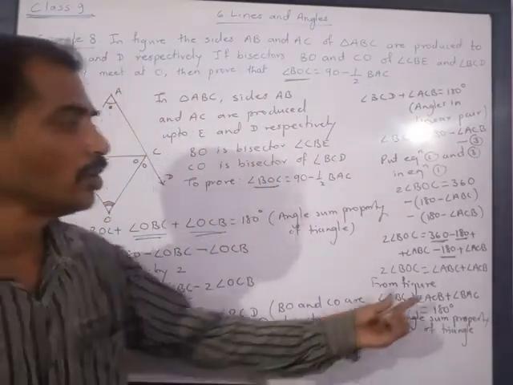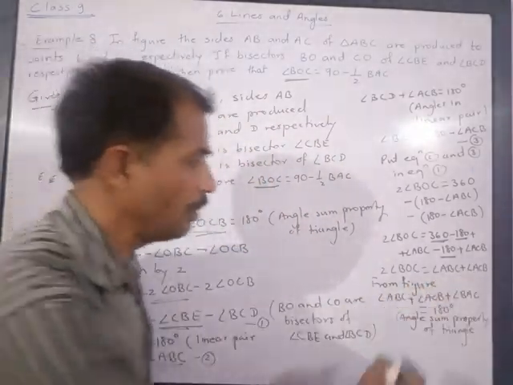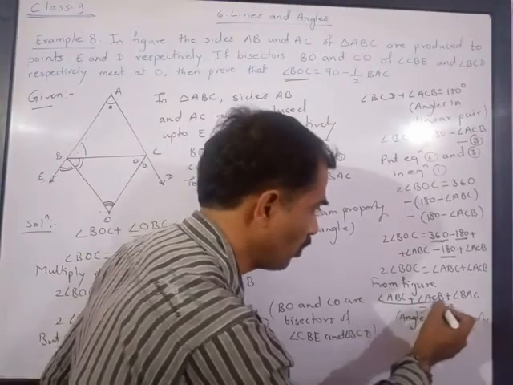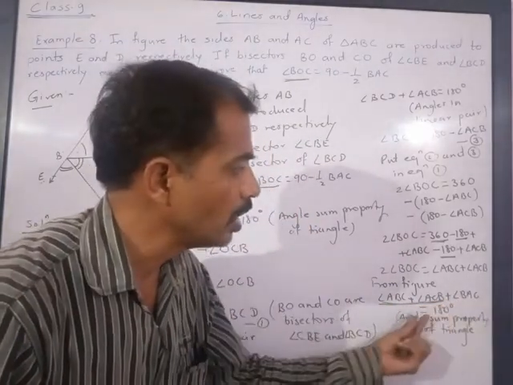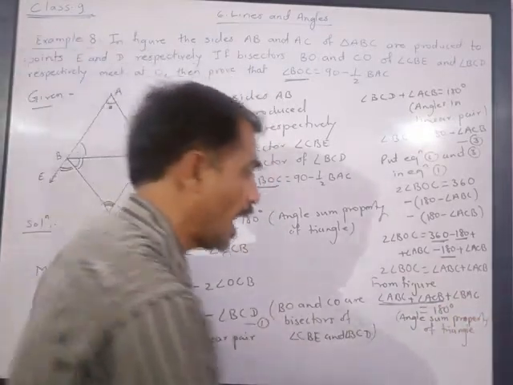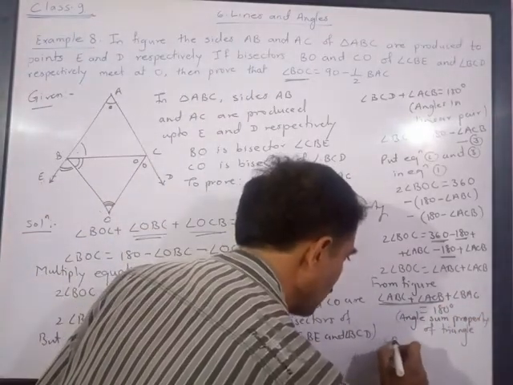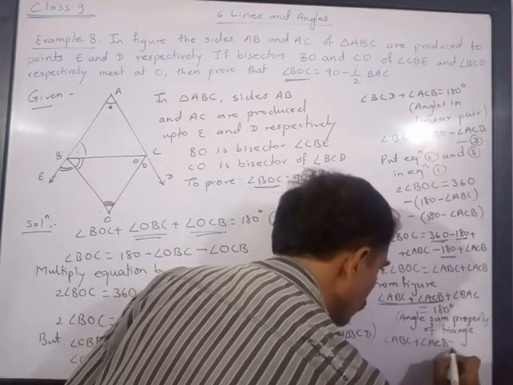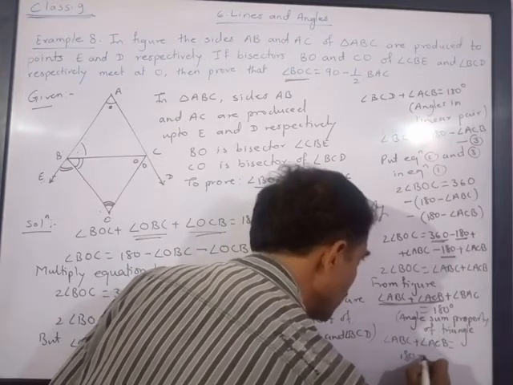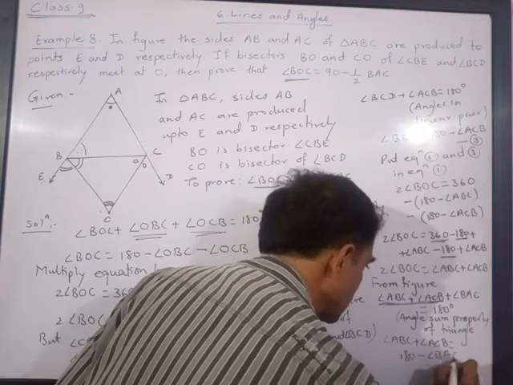Now ABC plus ACB, we want to resubstitute the value of this. So carry BAC to the right hand side. So I will get angle ABC plus angle ACB is equal to 180 minus angle BAC.